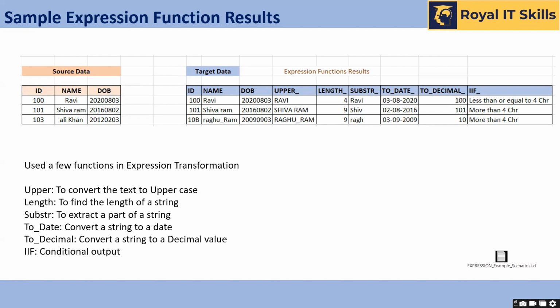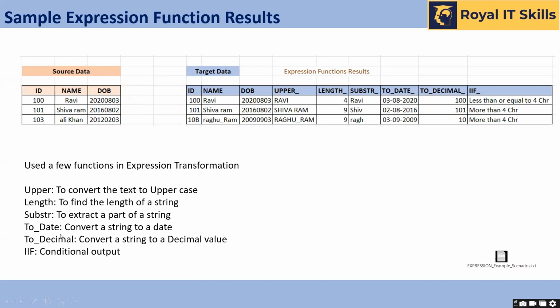So we will do this: upper. Upper is one function to convert the text to uppercase. Length: if you want to find out the length of some text. If I ask you what is the length of your name, I can calculate it: SASI, 4 characters. Similarly, we can do length finding. Next, substring: if you want to find part of a string, part of some text, we can find the substring.